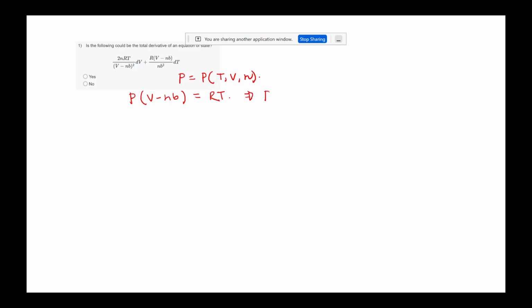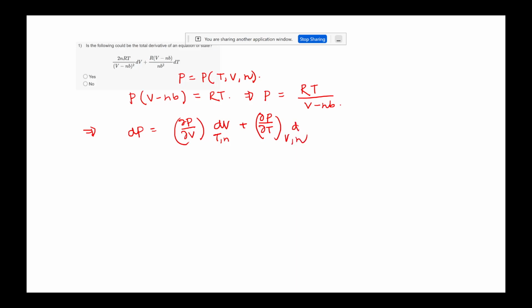Now it is always written dp as del p del v at constant T and n, we will not vary the n here, plus del p del T at constant v and n, dT.